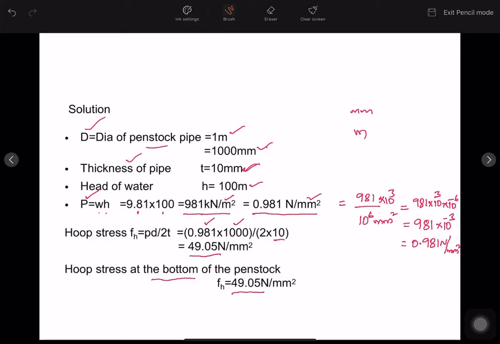So we got hoop stress at the bottom of the penstock as 49.05 Newton per mm square. The units are very much important. If you substitute directly this 1 meter and the rest are all in mm, you won't get this value. You will get some other value in decimals.